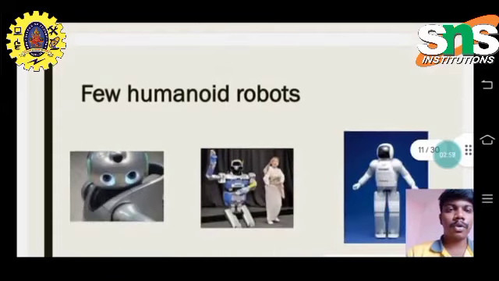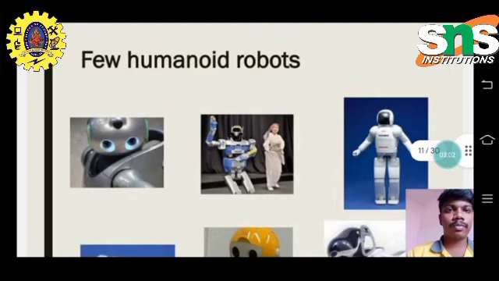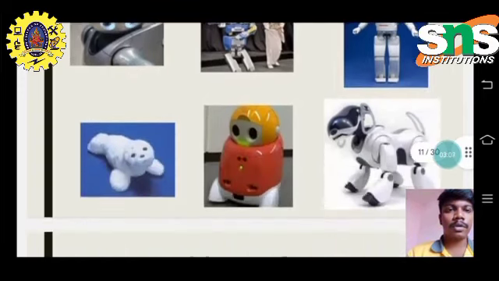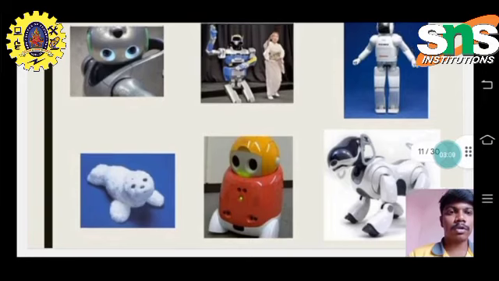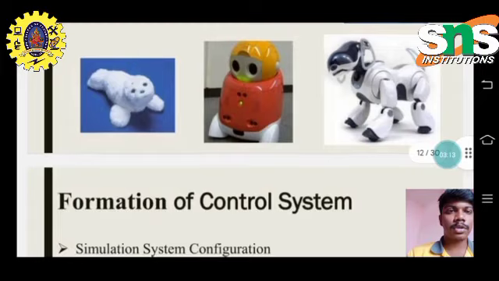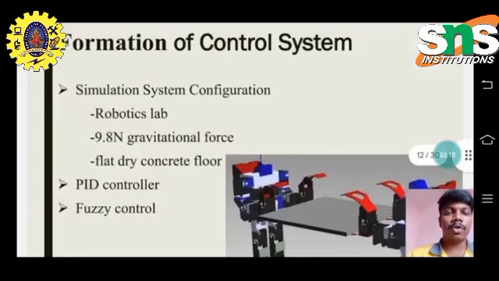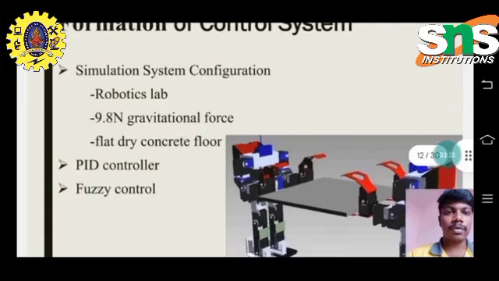So these are a few advanced humanoid robots. And here some photos and glimpses are shown, like human activities. This is the humanoid robot, just for explanation.